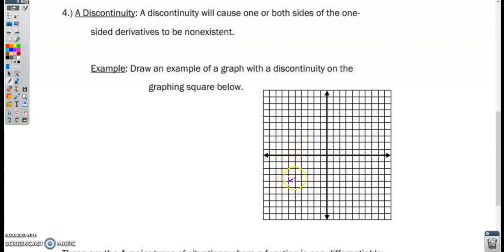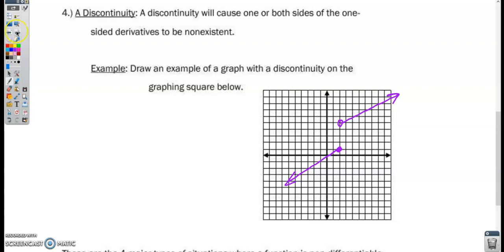For instance, suppose I draw a curve like this. So even though the derivative from the left and the derivative from the right appear to be the same, this function is non-differentiable here at 2 because the curve has a discontinuity. Okay, so those are the 4 common scenarios where we have a curve that's not differentiable.